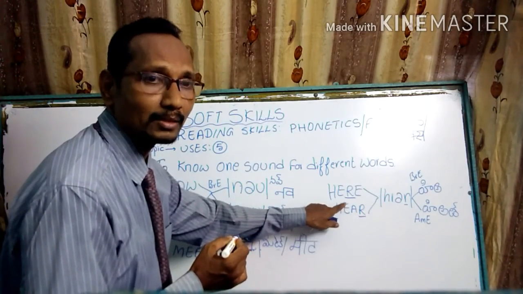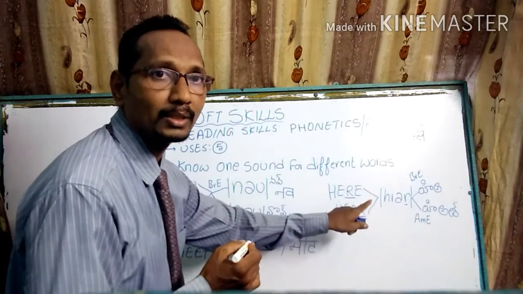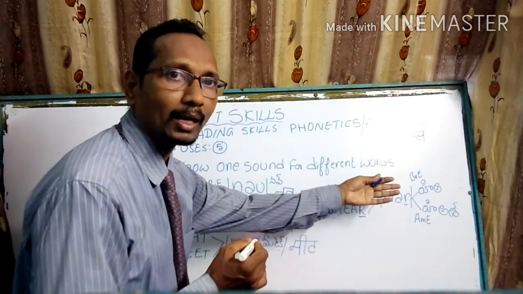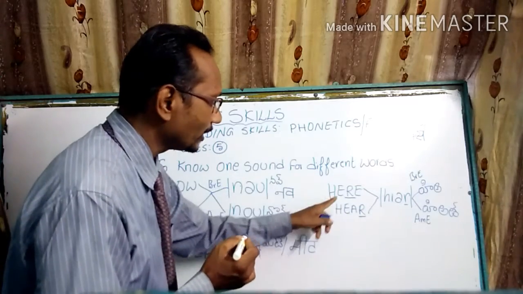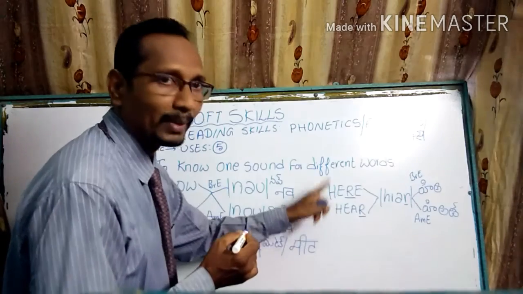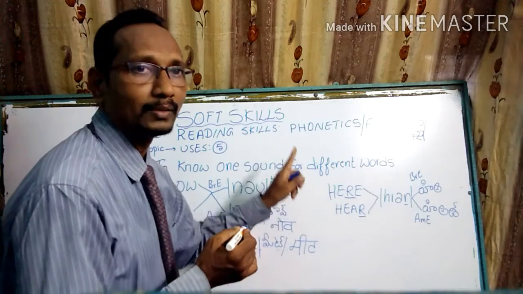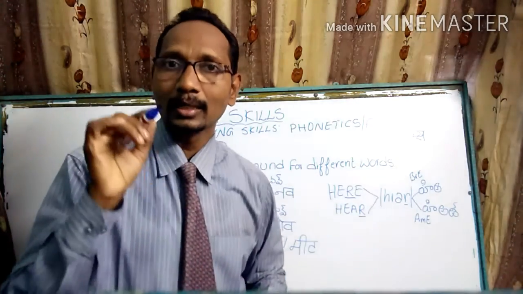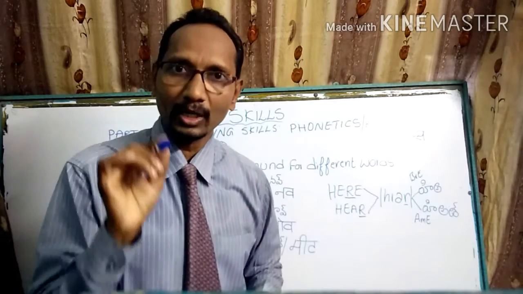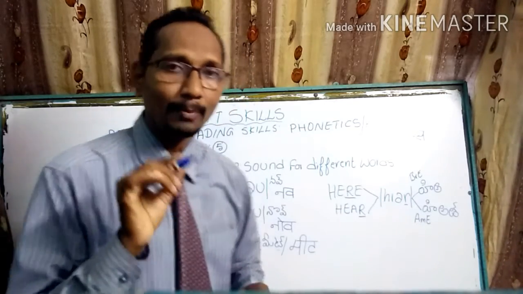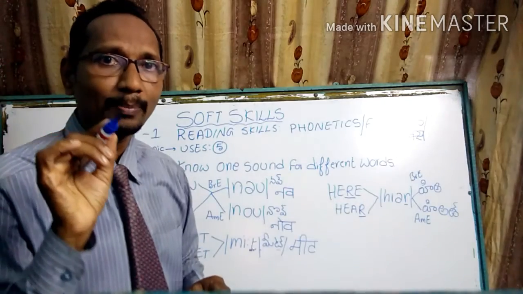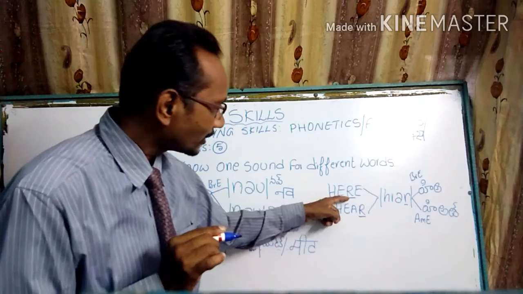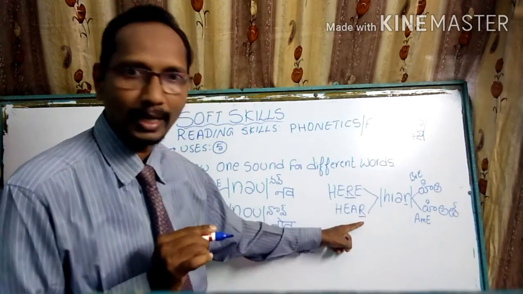For Britishers, they don't pronounce the letter R. Only if the R is at the beginning, Britishers pronounce it. For example, room. When the letter is written at the beginning of the word, we pronounce the R sound. But the R is written and not pronounced when it is in the middle or at the end.